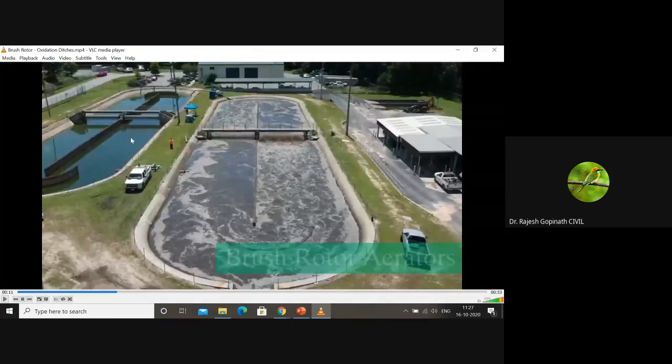But look at the image on the left hand side. That's a standby. Obviously, whenever you talk about any treatment, whenever you talk about any design, there will always be a unit which is standby. So in case one is under repair or under maintenance, the other would work. So primarily what is happening here is, this is operational. This is working while this is not working. It's a standby unit.